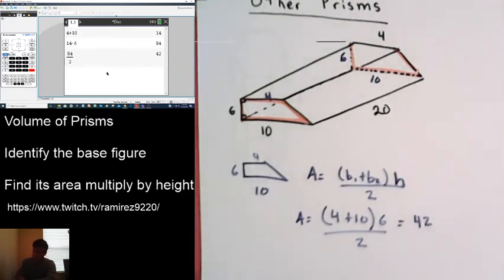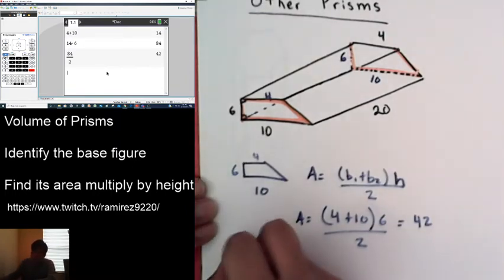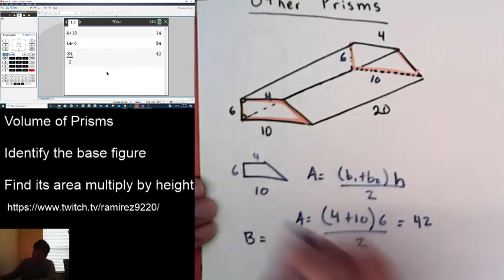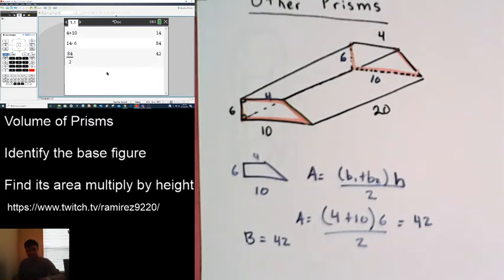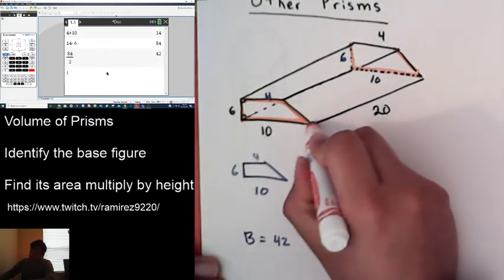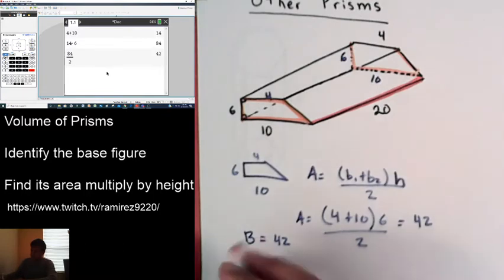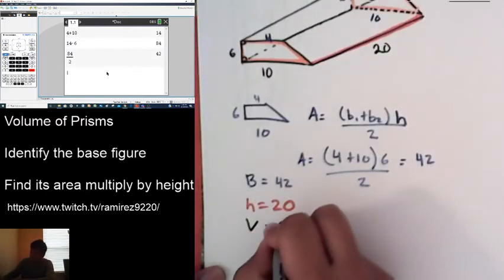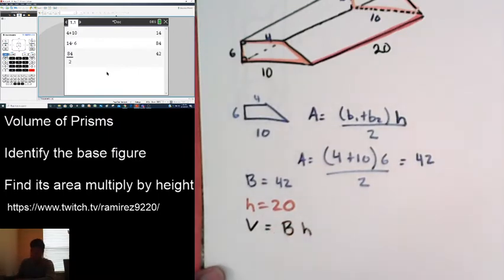Since the capital letter B stands for area of the base, we can say that the area of the base is 42. Remember, the height is simply the distance between the two bases. In this case, we know that the height is 20. Now we're going to find the volume, because volume in any prism is area of the base times the height.